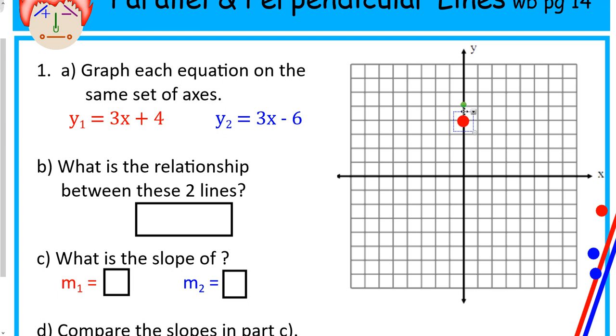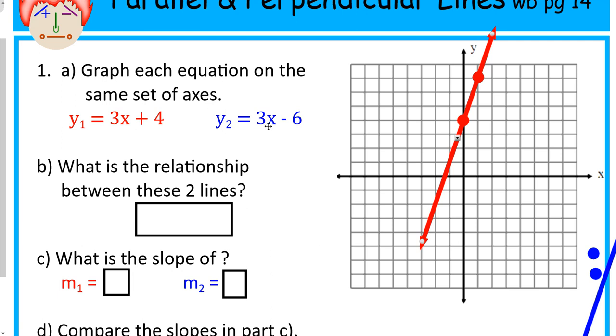That's your starting point. From the y-intercept, you use the slope to get a second point, and your slope is 3 or 3 over 1, which means from that point you go up 3 and over to the right 1. There are your 2 points. Now you can join them to make a nice straight line. So there's our first equation.